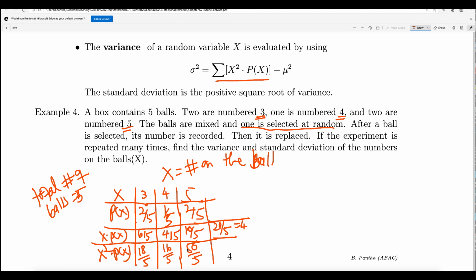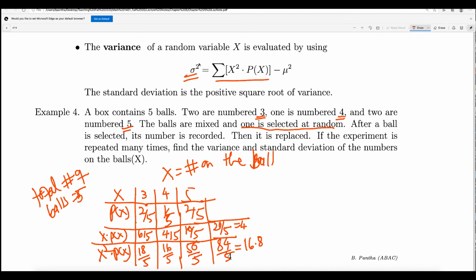Summation of x squared times px is 18 plus 16 is 34 plus 50 is 84 over 5. That is the value of x squared times px. So how much is that? Is that 16.8? That's right, 16.8.